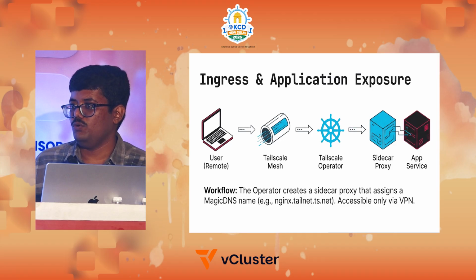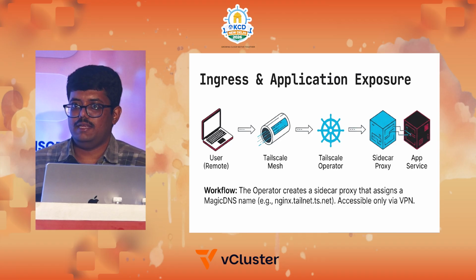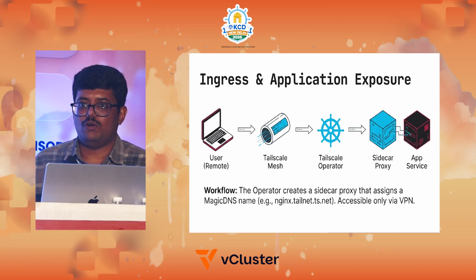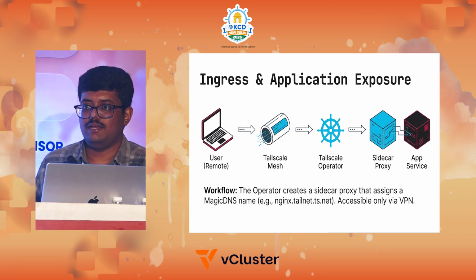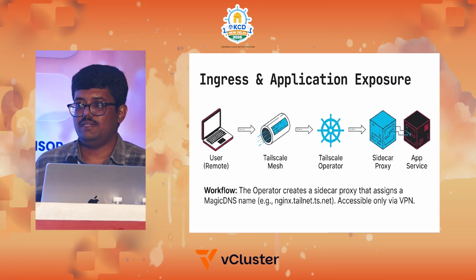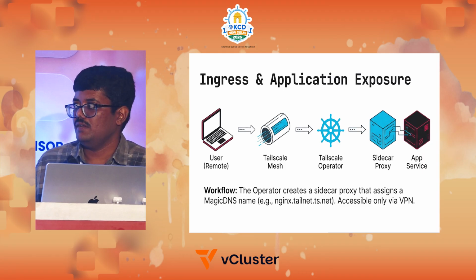What this operator does is that when you have any app, any ingress or any service with load balancer or any other type, and you want to expose it, you just add an annotation saying that you want to expose this application.